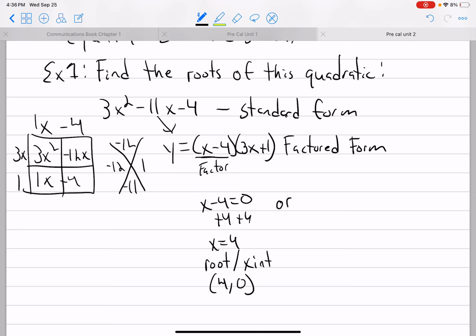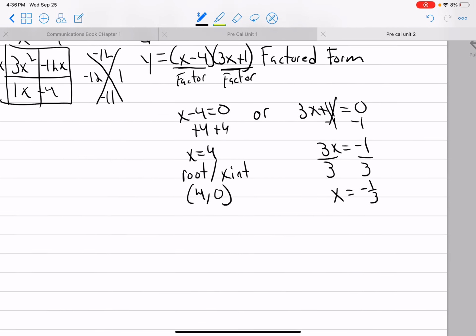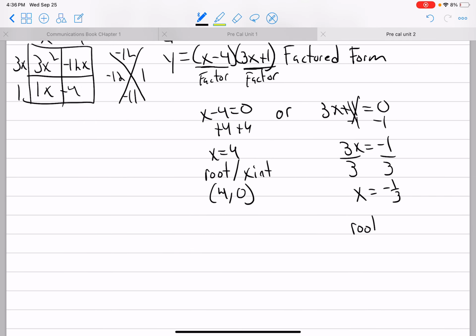Or my other option is this factor has to equal 0. Okay, so I'm going to do 3x plus 1 equals 0. And I'll say, okay, well, minus 1, 3x equals negative 1. Divide by 3, x equals negative 1/3. So this root, or x-intercept, is x is negative 1/3, y is 0.